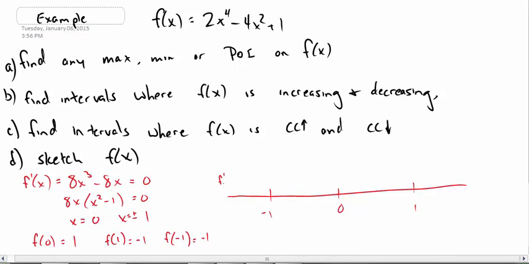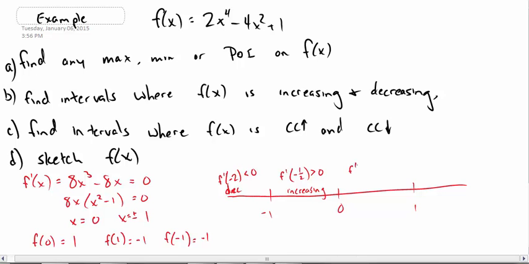So for instance, the derivative evaluated at negative 2 was less than 0, which means that this is decreasing. The first derivative evaluated at, say, negative 1/2 was greater than 0, so this is increasing.